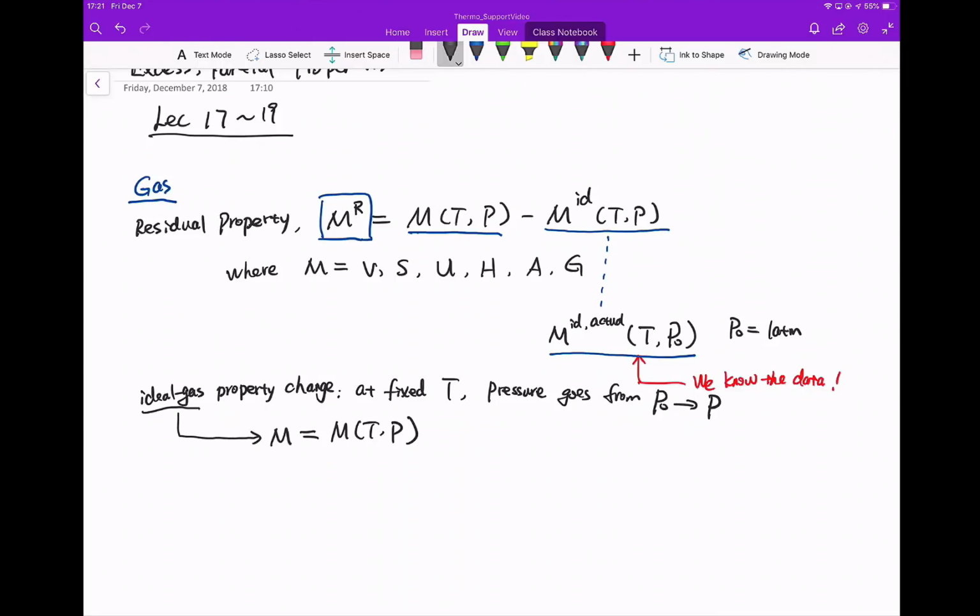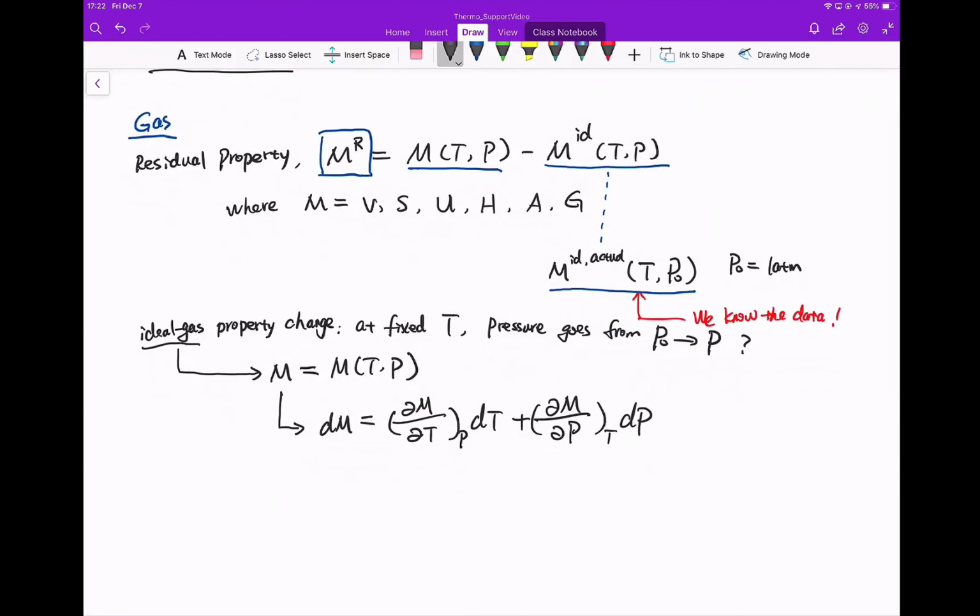Since I want to evaluate the difference due to the pressure change from P0 to P, we better have the general equation. The differential dM is the partial derivative of M with respect to T at fixed pressure dT, plus the partial derivative of M with respect to pressure at fixed temperature dP.